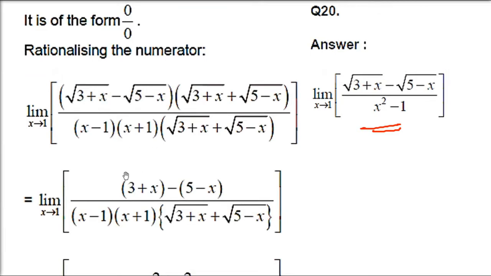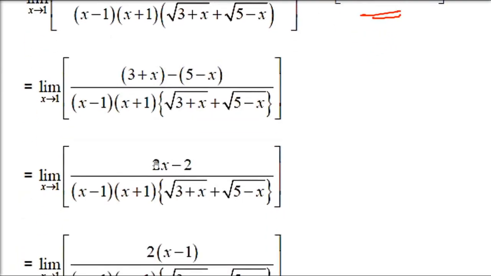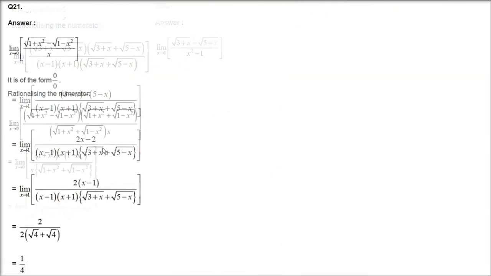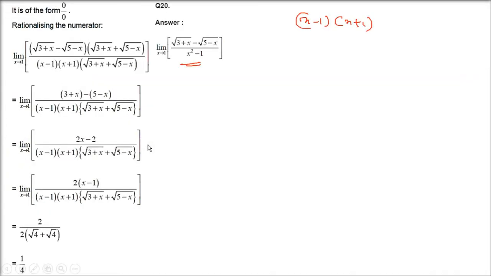So in the numerator, x minus 1 is for sure going to come. So I am applying a plus b, a minus b, because you know how to do this rationalization factor. So in the numerator 2x minus 2, now you can take 2 common, so twice x minus 1 will come, and then the final answer you know. That is 1 by 4 is going to come.